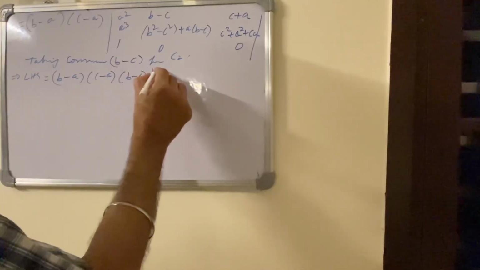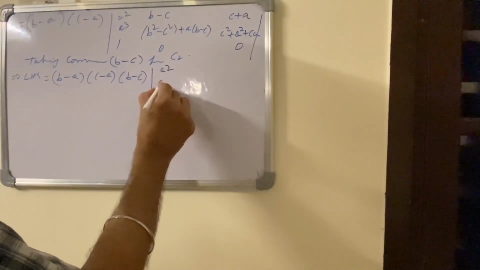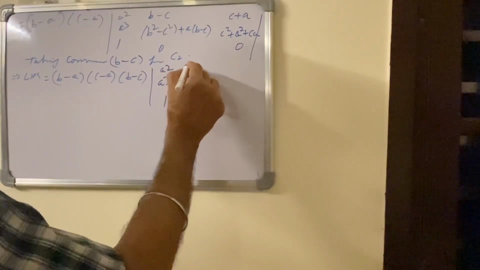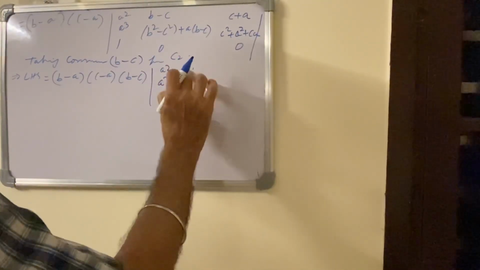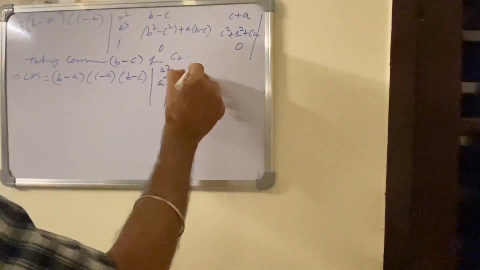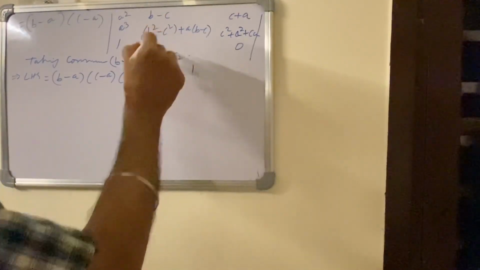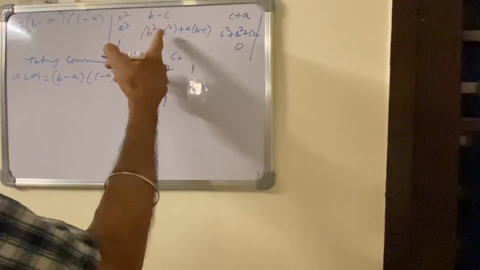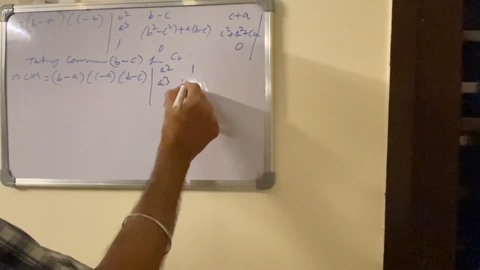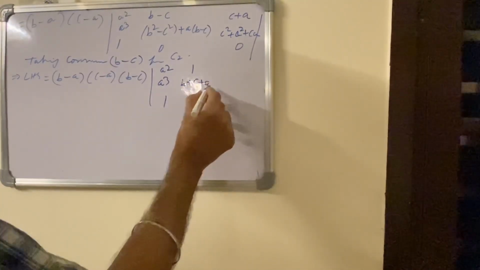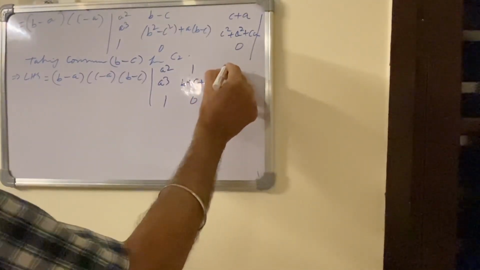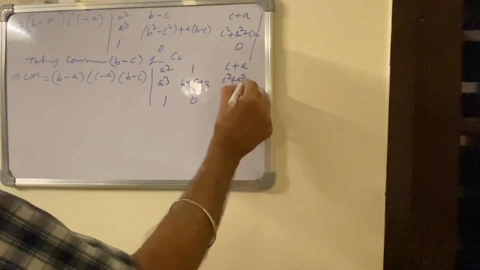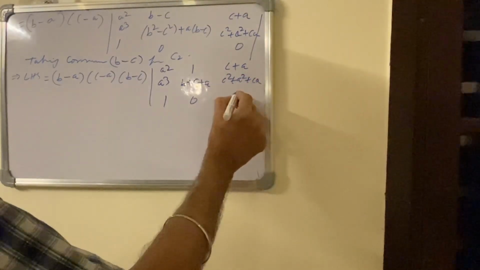We are left with first column a square, a cube, 1. Second is 1, then b plus c plus a, then 0. Last is same: c square plus a square plus ca, 0.